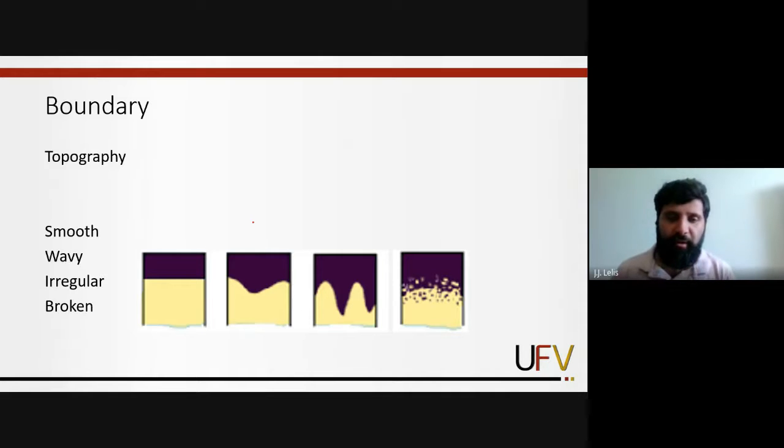Okay, probably we can see a lot of materials that are depositing in this material, and the soils are very young and less leached than this one.